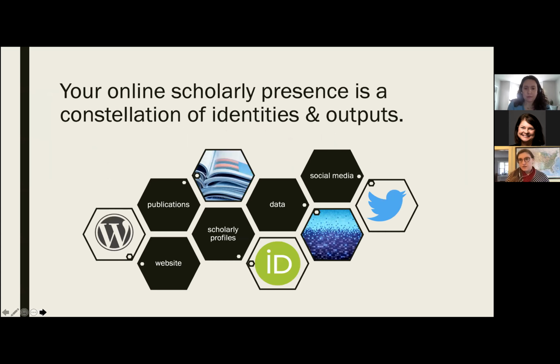So I think of your online scholarly presence as a constellation of identities, of public personas that you create, as well as professional or scholarly outputs that you create. And that constellation of identities and outputs can include things like a personal or professional website, which you might build on a platform like WordPress.